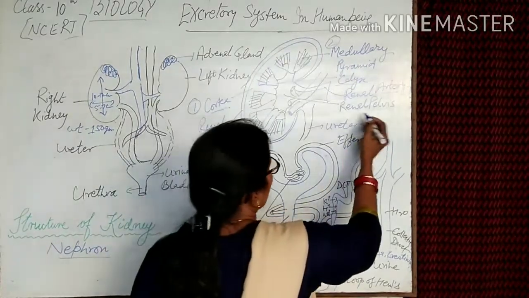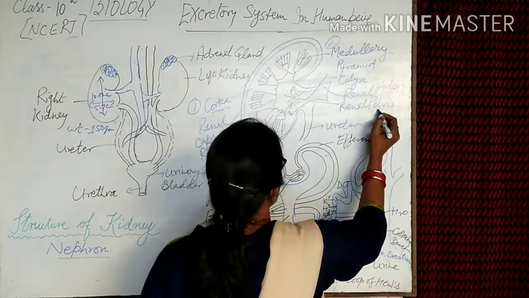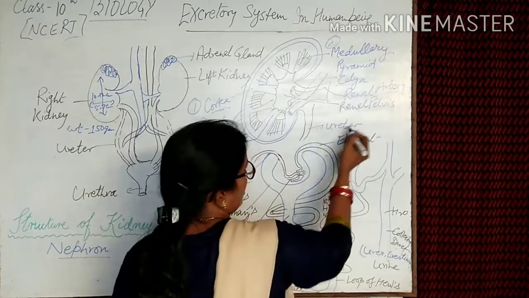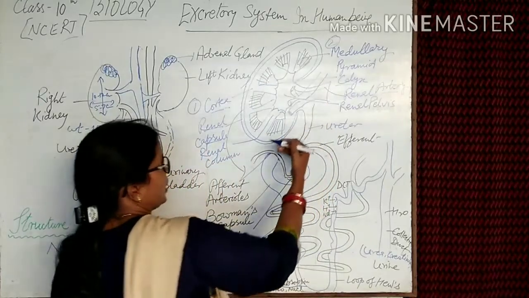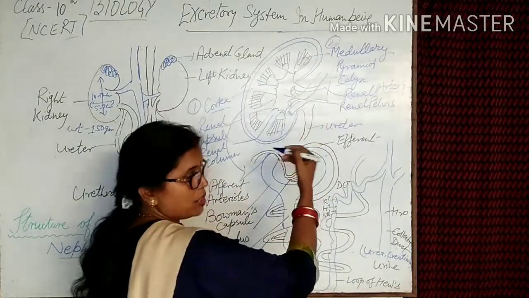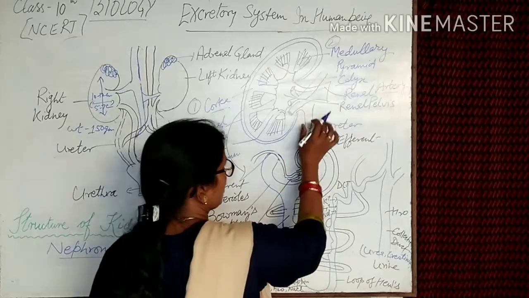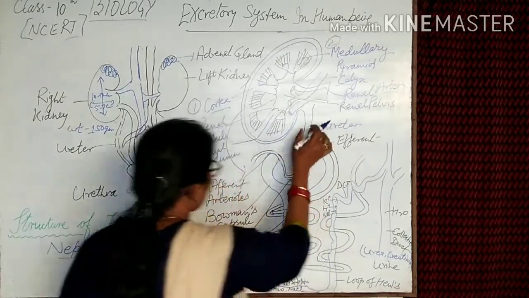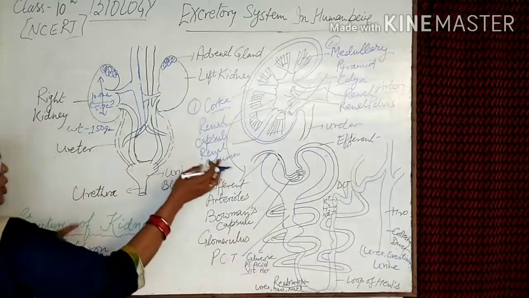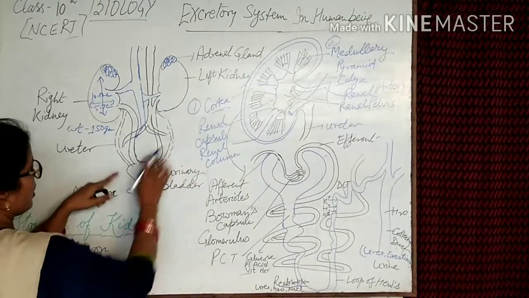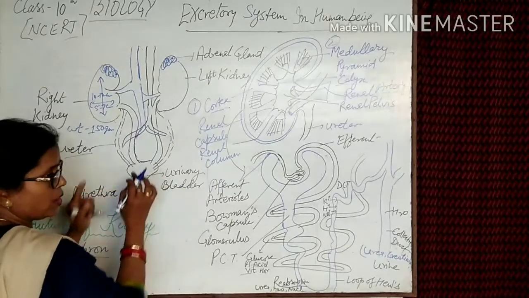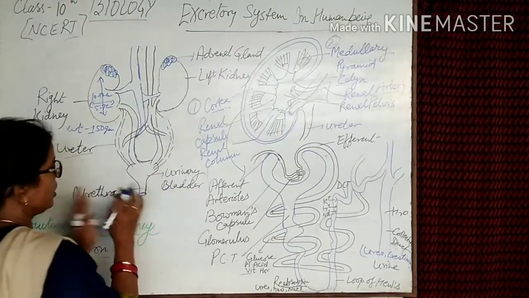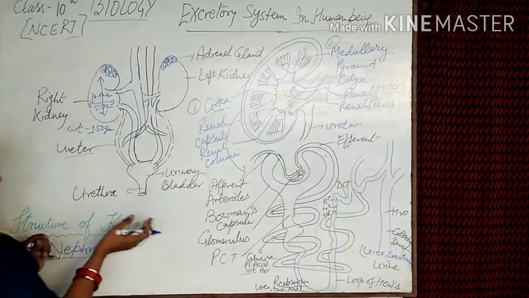The renal pelvis and ureter carry the filtrate, the filtered nitrogenous waste matter, and then it is attached to the ureter, attached to the urinary bladder, and inside the urinary bladder, urine is collected after filtration.